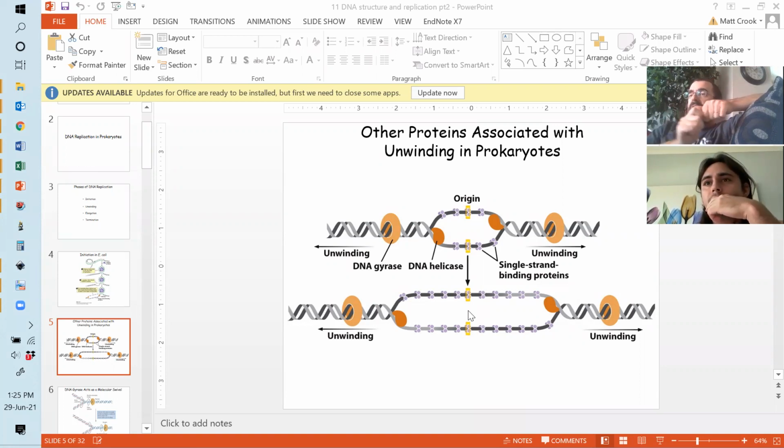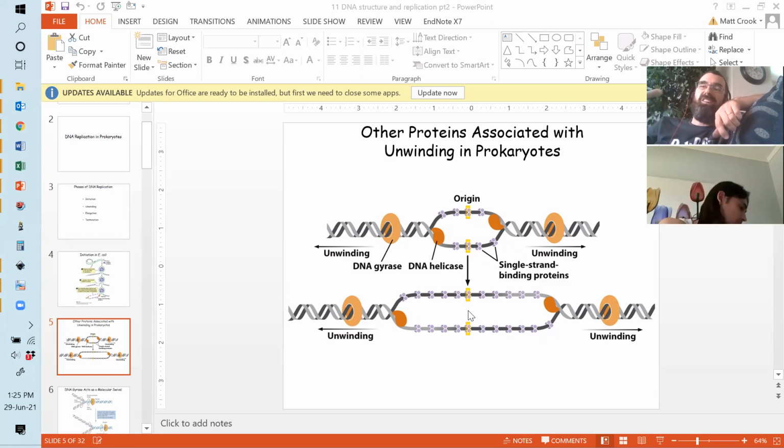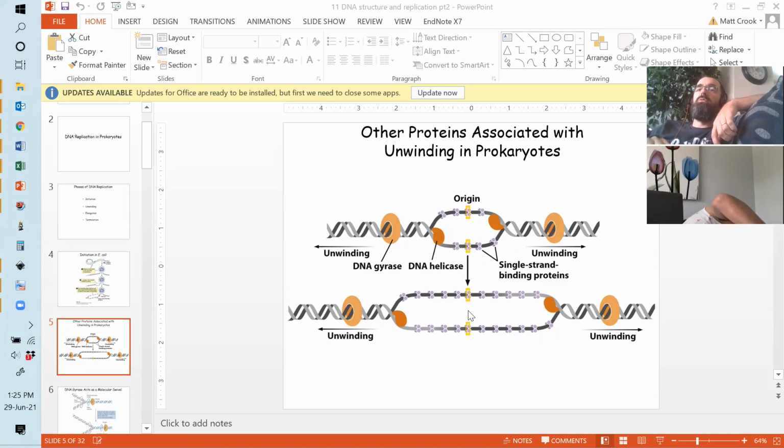What you'll find is as you unwind it, the free end will spin round and round. If that end isn't free, i.e. it's part of a bacterial chromosome, the DNA downstream of the bit being unwound will wind tighter and tighter. It's actually called supercoiling.